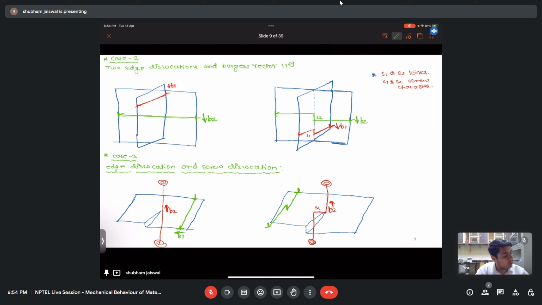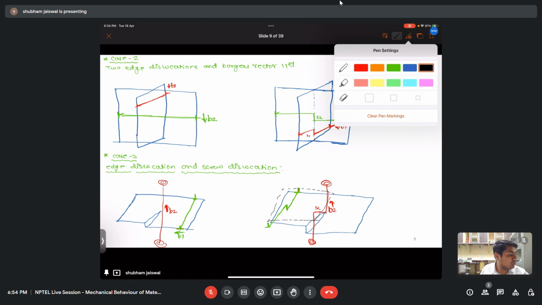Okay, so it will be in the new plane. So the new plane will be somewhere here like this. Okay, just visualize. So in both the cases, both the steps are changing the slip plane.